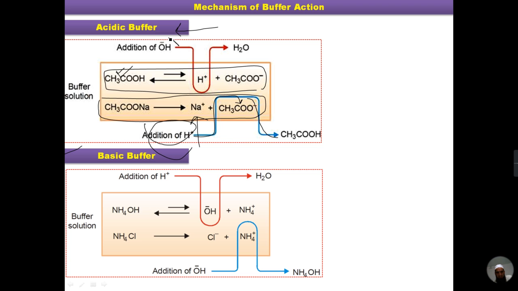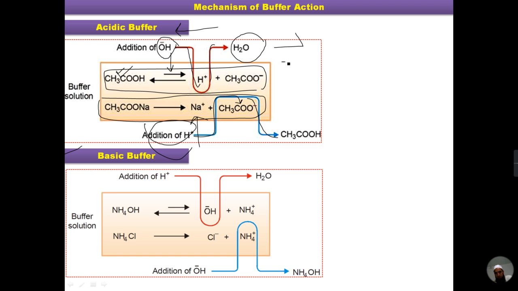Now, how does it resist the change with respect to the base? When you add a base to this solution, we know that we have H positive present in the solution. That base combines with the H positive, so that forms water. And we know water also is a weak electrolyte.